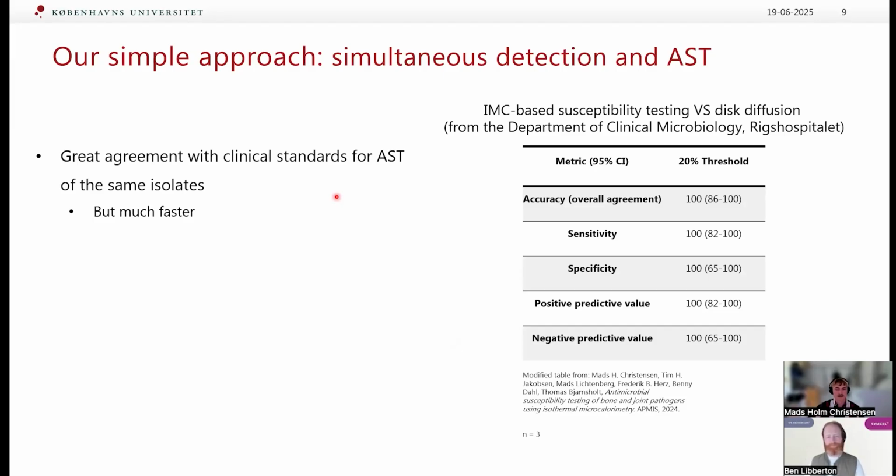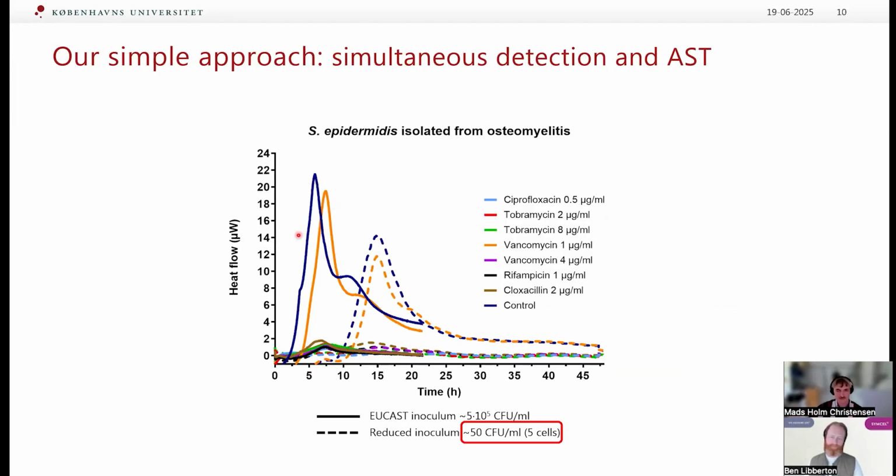This is just a case example of, as I talked about, I've also been using low inoculums to test how fast we can then detect and susceptibility test. And this is a Staph epidermidis isolate. And as you can see, we get a delay in the untreated control and the detection time, but we still see the same susceptibility patterns.